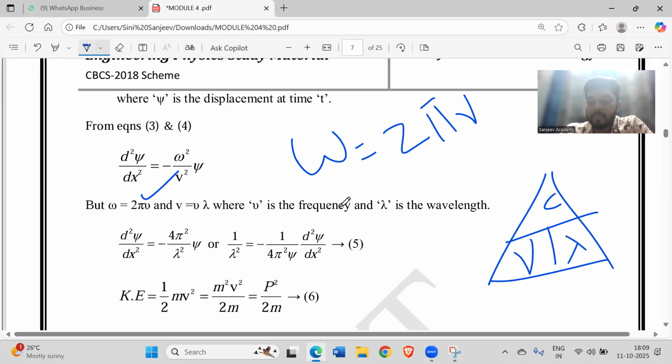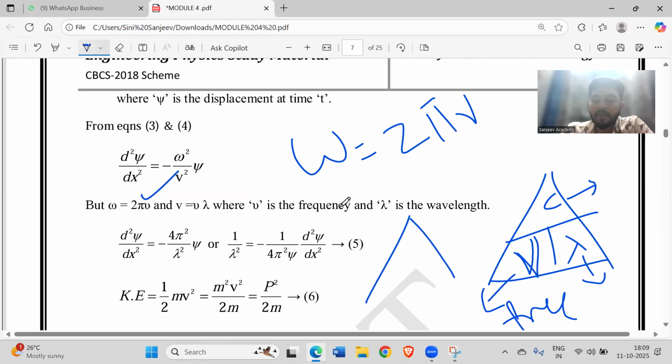What is nu? Frequency. What is lambda? Wavelength. What is c? Speed of light. Some books will give c, some books will give v. So c is nothing but speed of light, and in this book they have given it as v only.